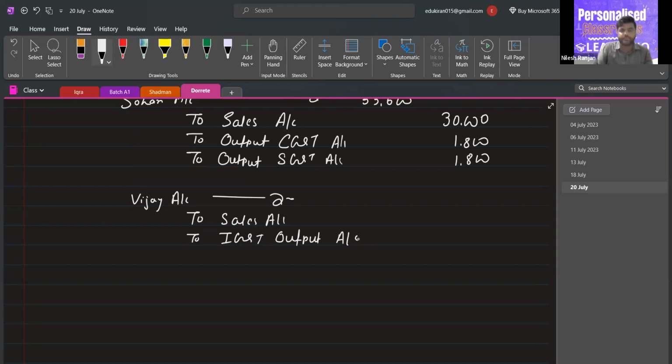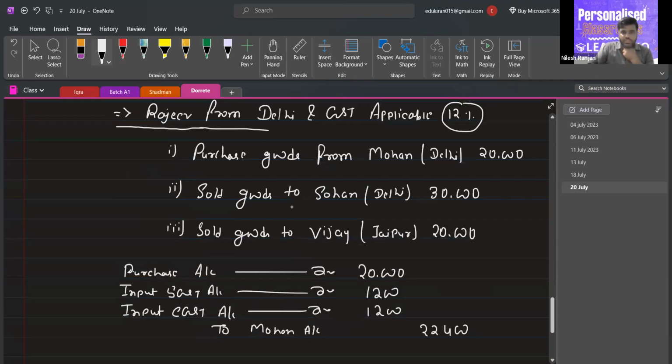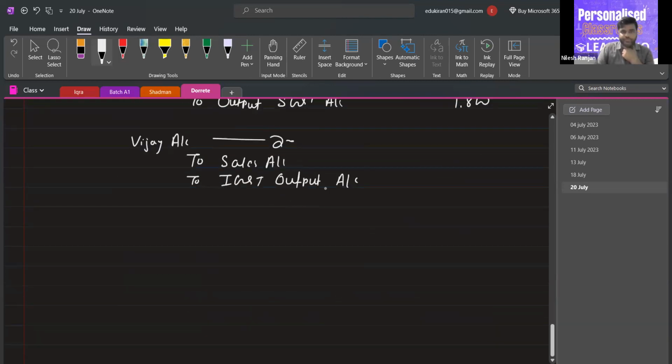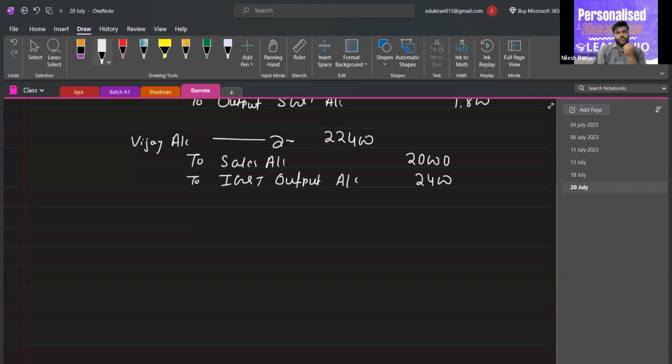Total sale value is 20,000. 12% IGST will be 2,400, and the total will be 22,400.